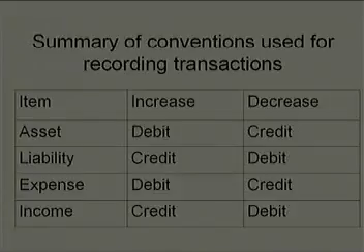If there is an increase in liability, we put it under credit side. If there is a decrease in liability, we put it in debit side. Similarly, if there is an increase in expense, we record it in debit side, while if there is an increase in income, we put it in credit side. This table you please note it down. We will be using them to illustrate you some transactions, how they are recorded.